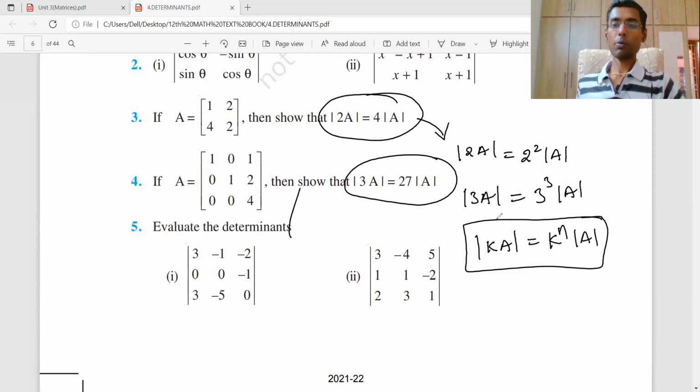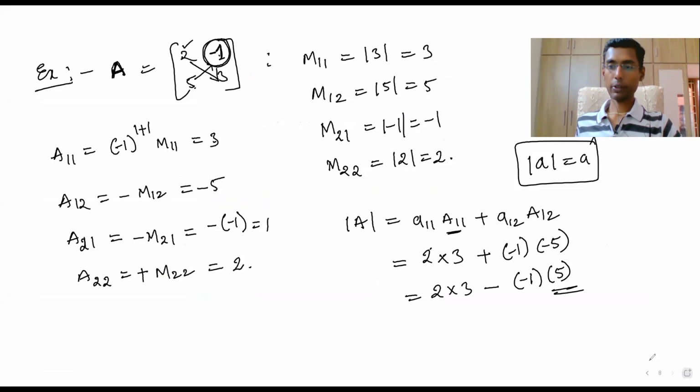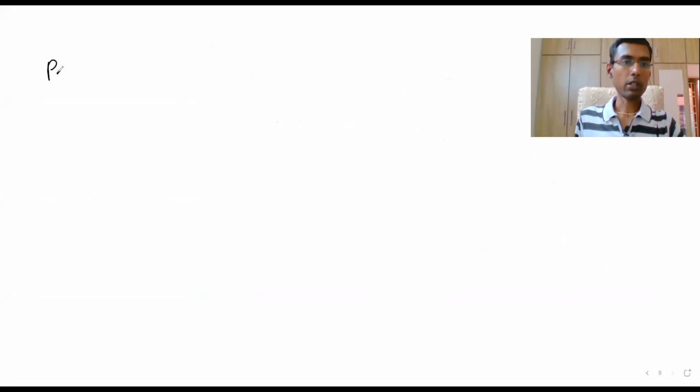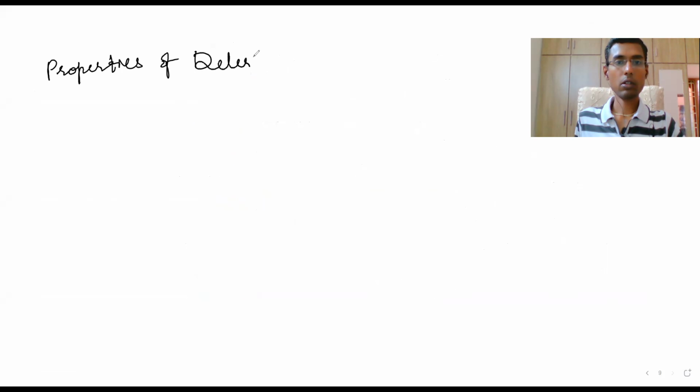That's what we are going to see first. One important property. Very important property. Properties of determinants.